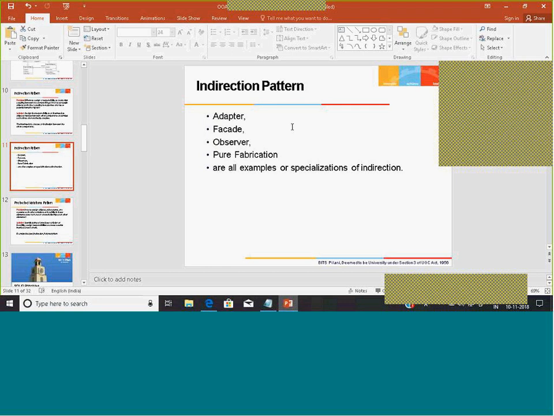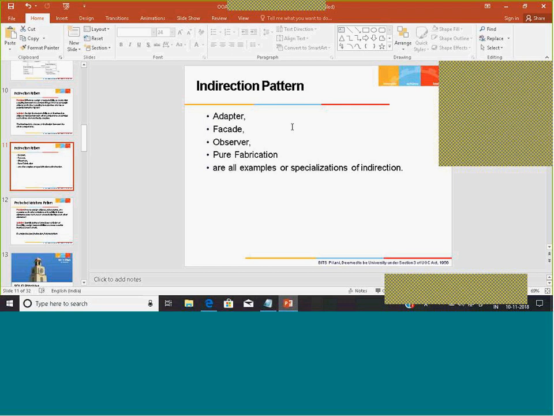So the concrete subject now only needs to keep information about all the alternatives which are implementing the observer interface. So the coupling between them gets reduced. Even if I remove a concrete observer from the system, my concrete subject is unaltered. Even if I add a concrete observer, my concrete subject is unaltered. So that is a way of introducing indirection.